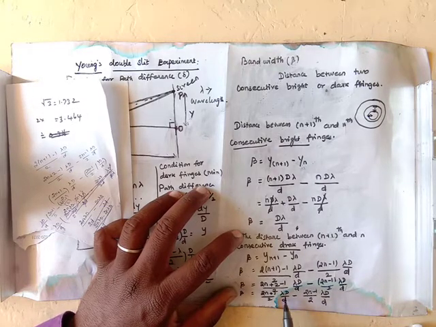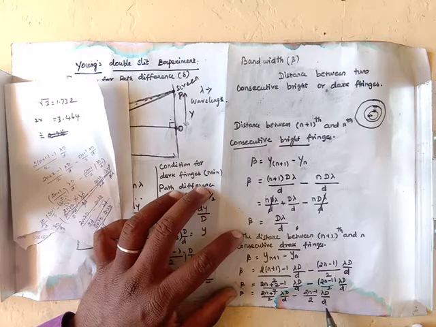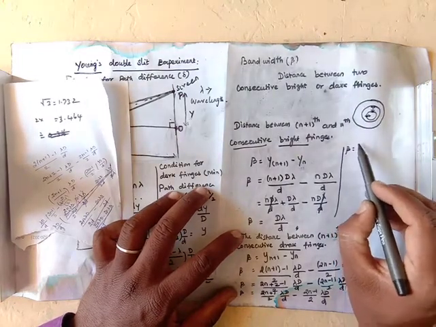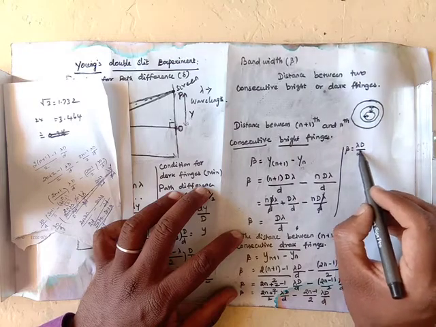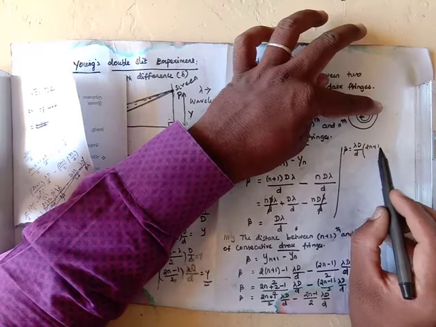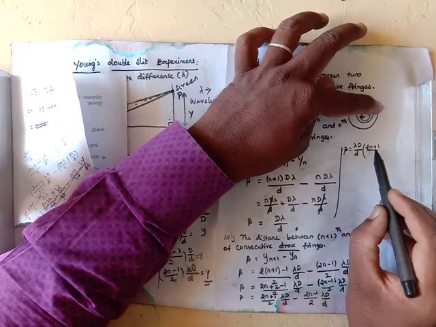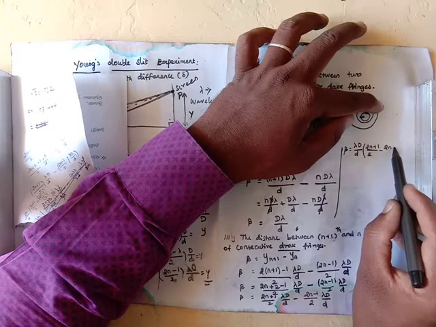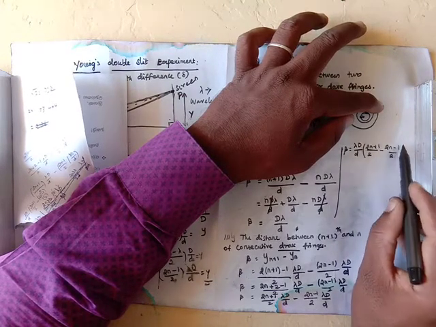This becomes (2n plus 1) divided by 2. Lambda D divided by d is common, so it is taken outside. So beta is equal to lambda D divided by d times what remains, that is (2n plus 1) divided by 2 minus (2n minus 1) divided by 2.